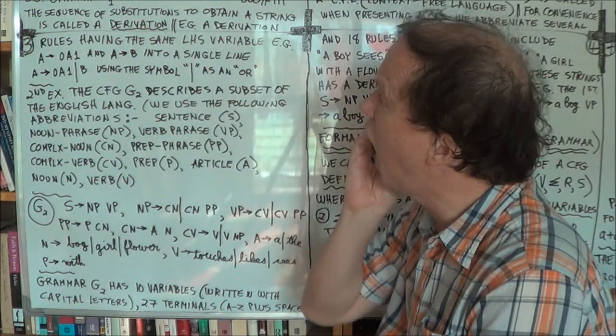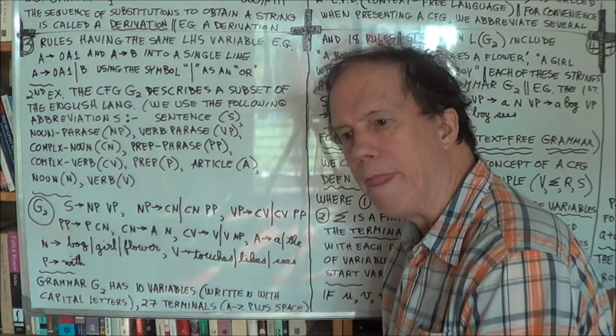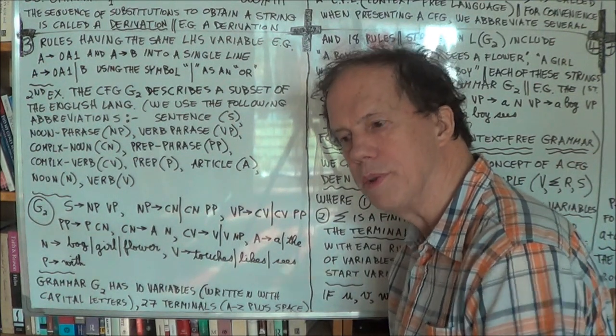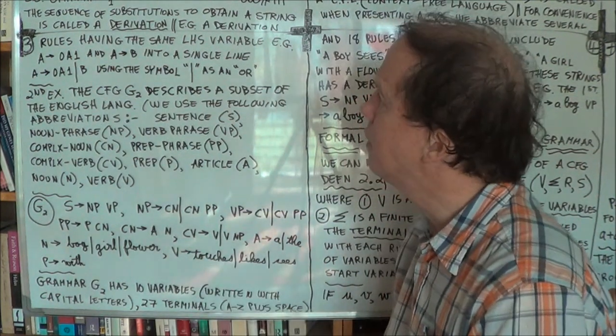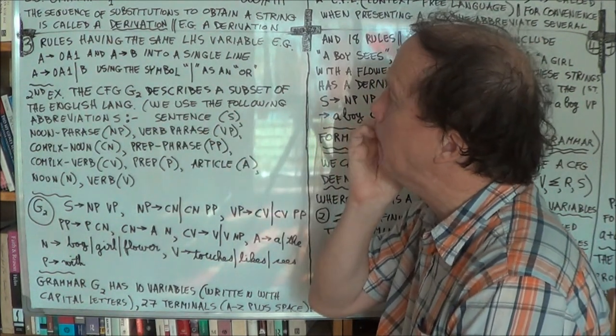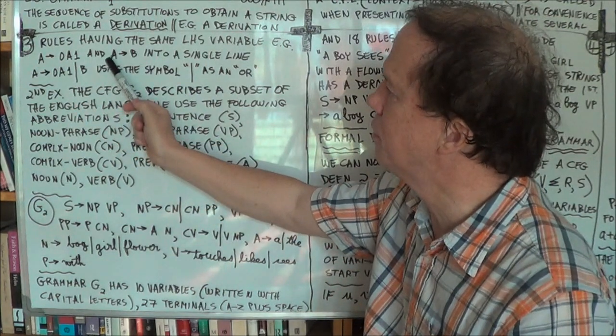So this use of the vertical bar to mean "or" is when you take two or more rules and put them into one line. For our grammar G1, here we have two substitution rules.